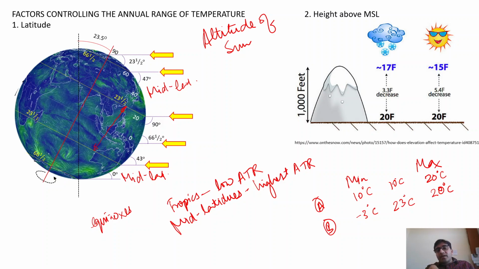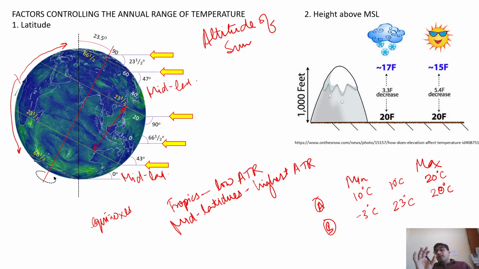So we get one thing, that if we go from equator towards the poles, the temperature conditions, the variation, they decrease. Therefore, the ATR is normally greater as we go from equator towards the poles.